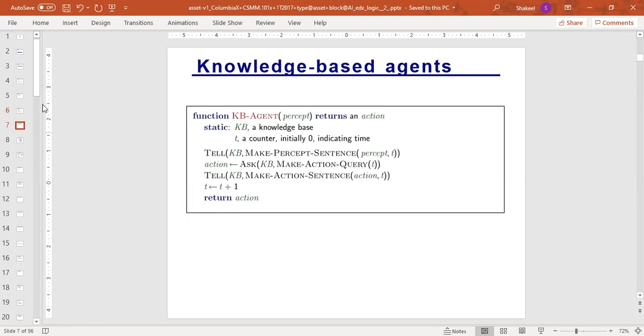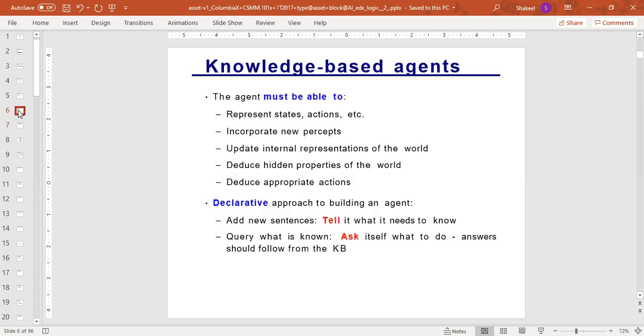So this kind of approach is called the declarative approach, in which we build an agent by giving it information, and this information is given through adding new sentences in some representation. This is through the procedure Tell: tell the agent what it needs to know.